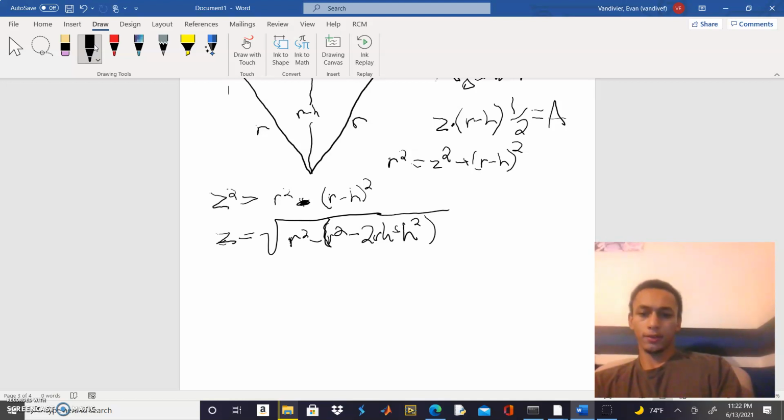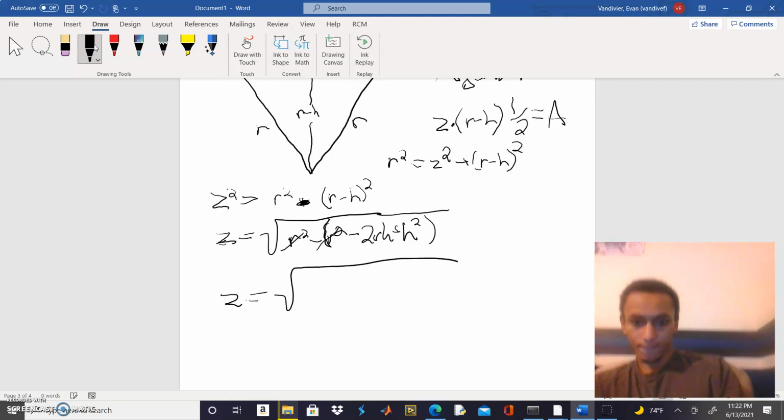And now we can cancel. Minus r squared cancels out with that. So you'll get z is equal to the square root of, so you subtract that, you get 2rh minus h squared.